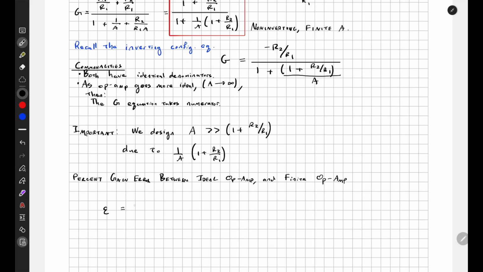So percent error is equal to negative 1 plus R2 divided by R1 divided by A, which is a finite number, plus 1 plus R2 over R1. And the conversion factor is going from decimal to percentage.